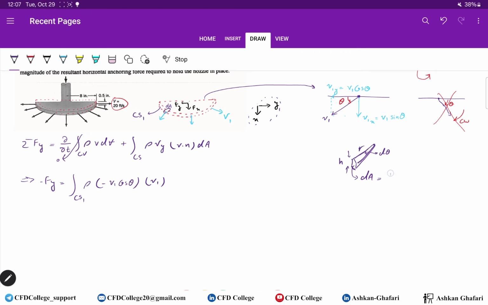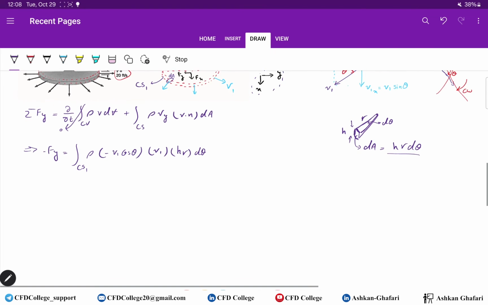It's h r d theta. This is d theta times r. We have this length, and if we multiply this by the thickness, we will have dA, the area. Okay, we have everything. So h r d theta, which is dA.